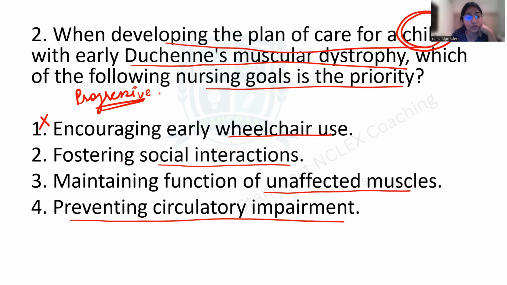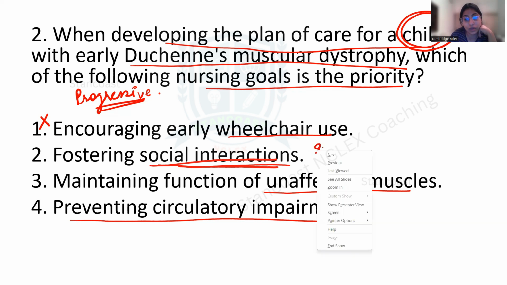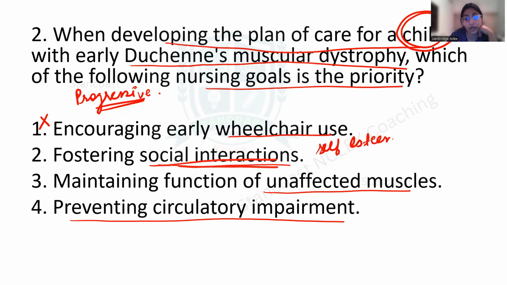We're talking about option 2, fostering social interactions. Now, social interaction is very important in this child. But when will the child engage in social interaction? Only when the child has good self-esteem. So developing good self-esteem is very important for social interaction. The main thing we have to focus on is how the child will develop self-esteem, by having good motor function.